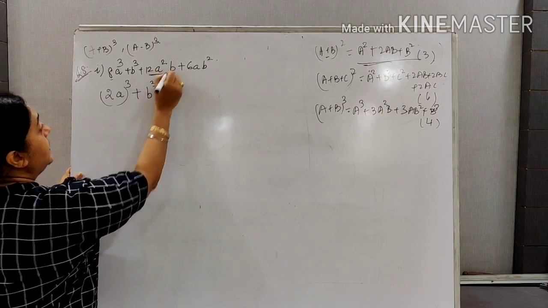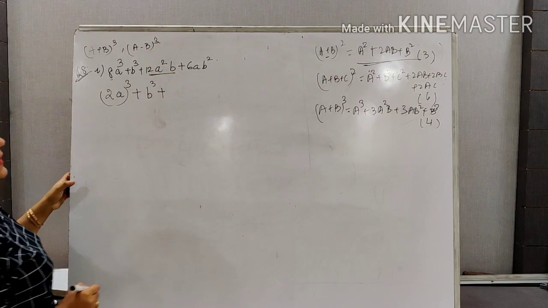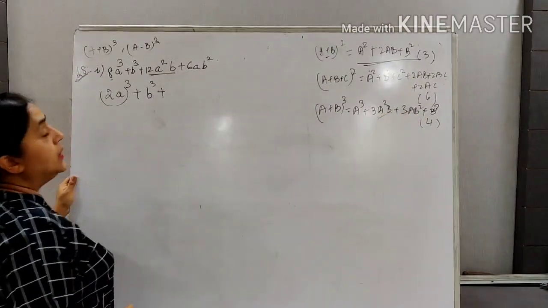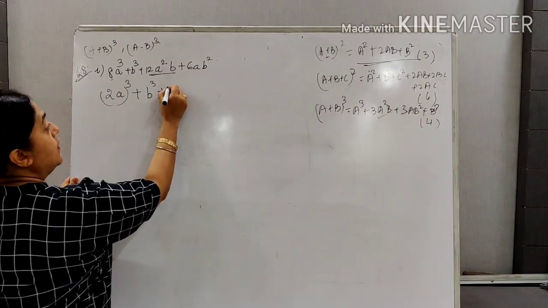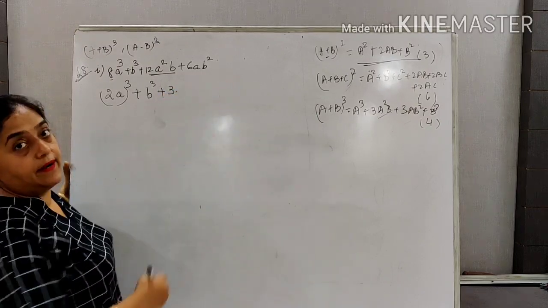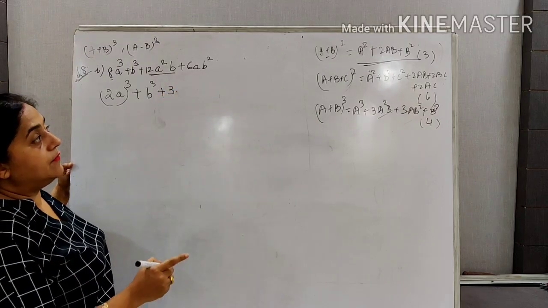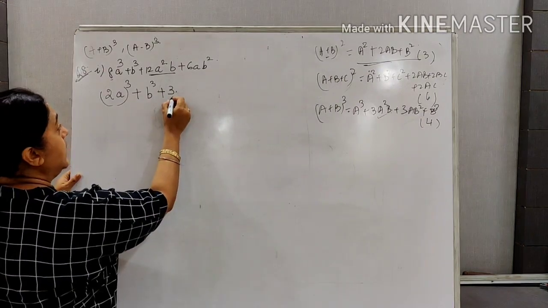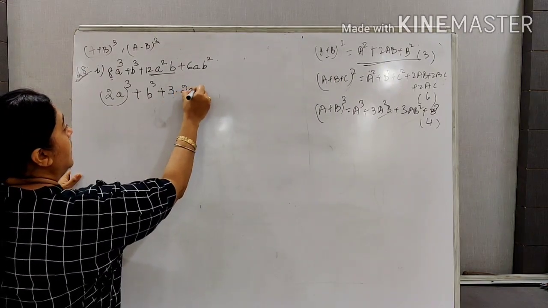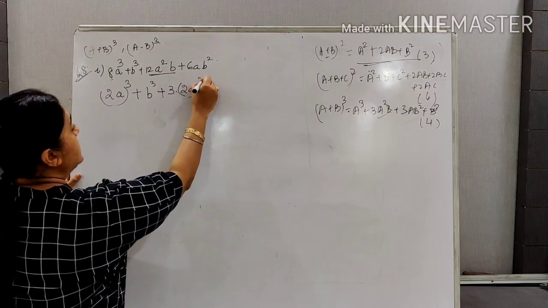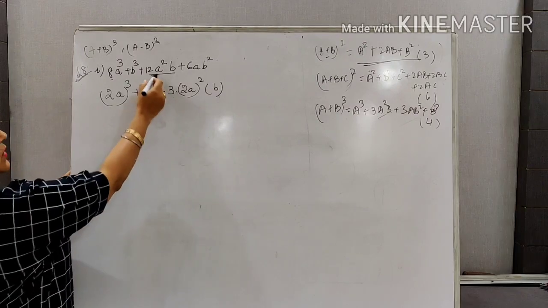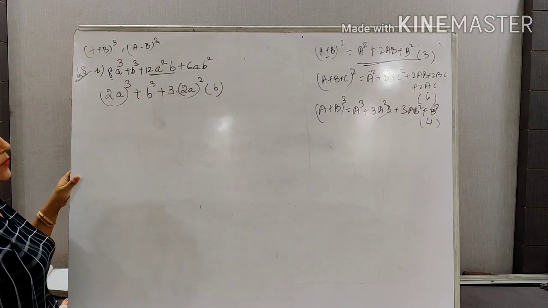Now let us try to make 12a square b as 3a square b. In the formula, the same way we have expanded a plus b whole square, we have factorized. It is 3 in the formula, 2a whole square into b, right? Why 2a whole square? Because the square term was a only.